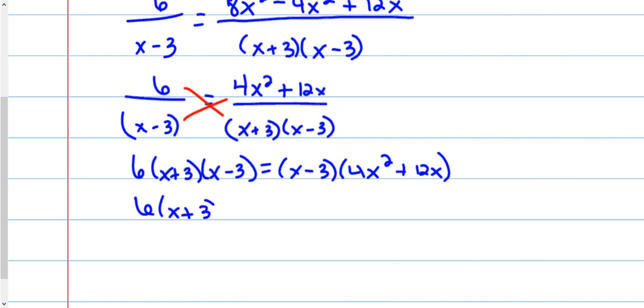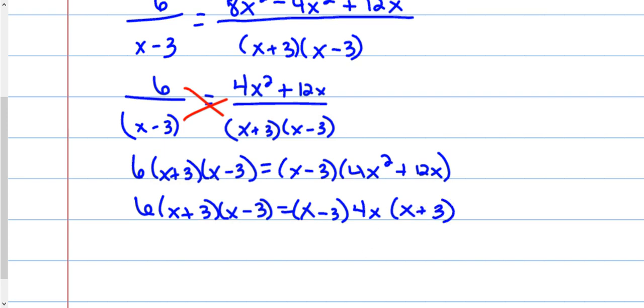6 times x plus 3 times x minus 3 equals x minus 3 times, well, the greatest common factor is going to be 4x. If I factor out a 4x, I'm left with x. 12x divided by 4x is plus 3.